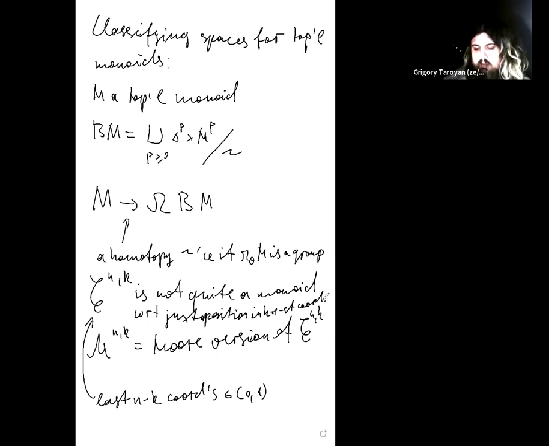And this allows us to define a strictly associative composition of loops, because we just add lengths of two loops and we obtain a third loop of the length, which is the sum of lengths of the two loops that we compose. So that's basically homotopy equivalent to the usual loop space, but the difference is that now the multiplication is not associative up to homotopy, but strictly associative.